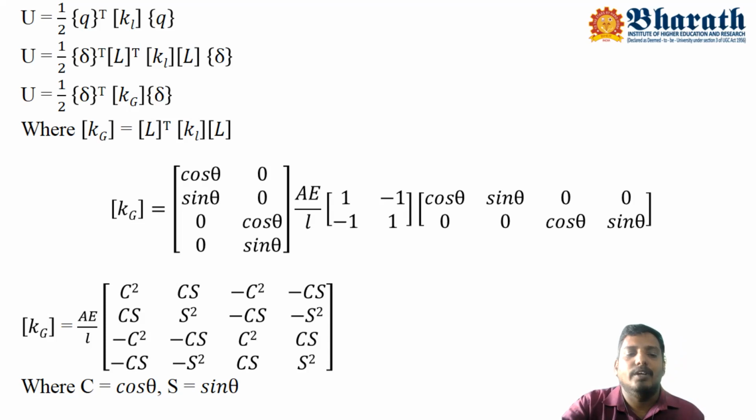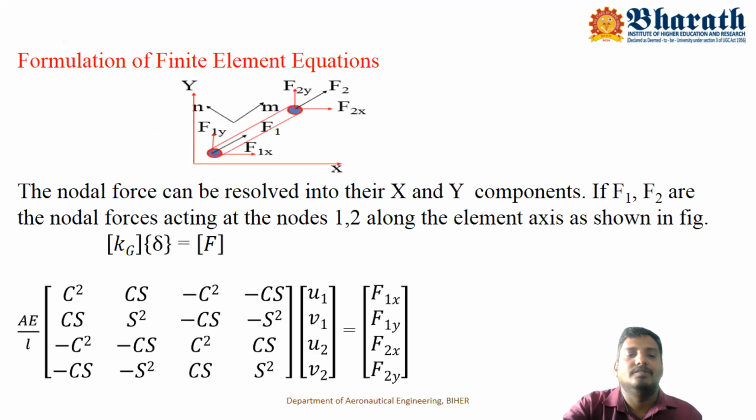Kg is equal to AE by L C square CS minus C square minus CS CS S square minus CS minus S square minus C square minus CS C square CS minus CS minus S square CS S square, where C indicates cos theta, where S indicates sin theta. Wherever we use C in this slide, it will indicate cos theta, as well as S indicates sin theta.